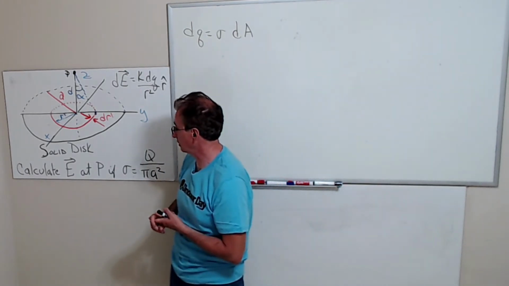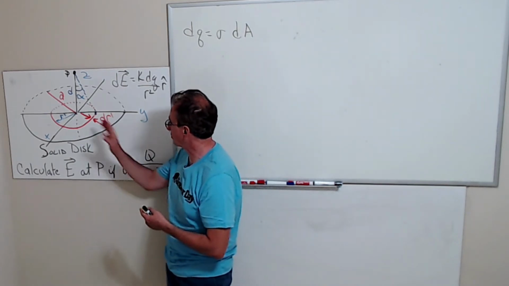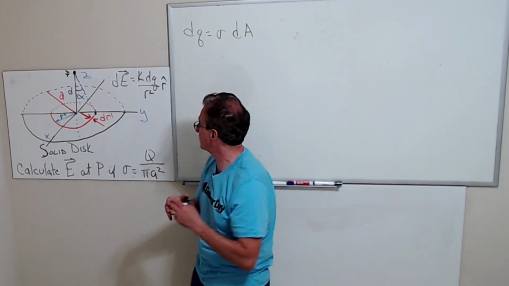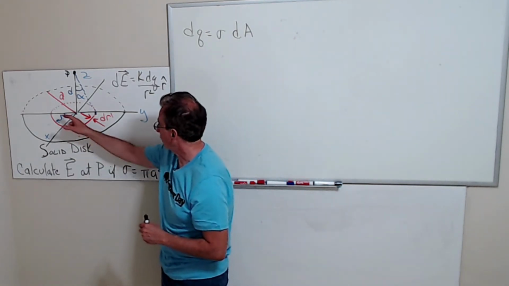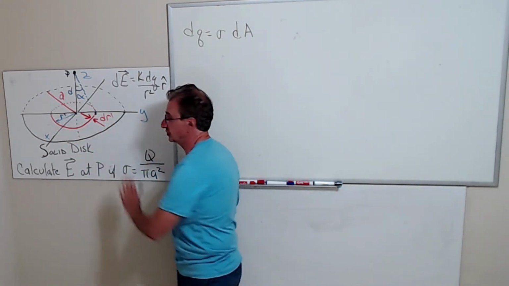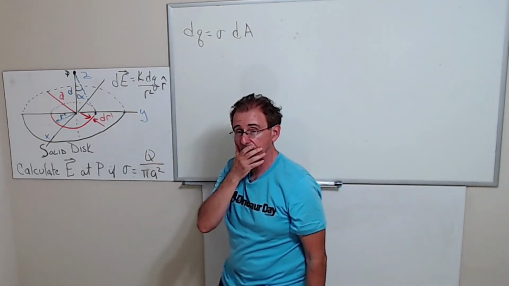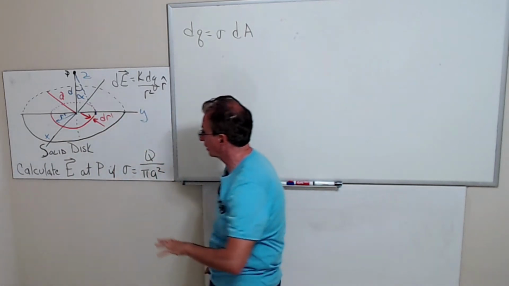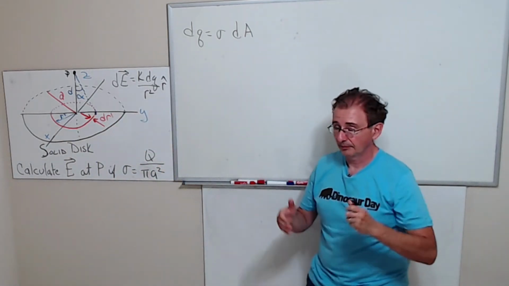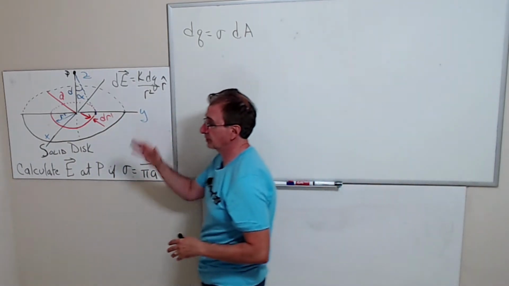So I'm going to choose a ring of radius r prime, and I'm choosing r primes because I don't want to confuse it with these r's, of radius r prime and thickness dr prime. And so this red ring that's in the drawing represents one piece that makes up the entire disk.